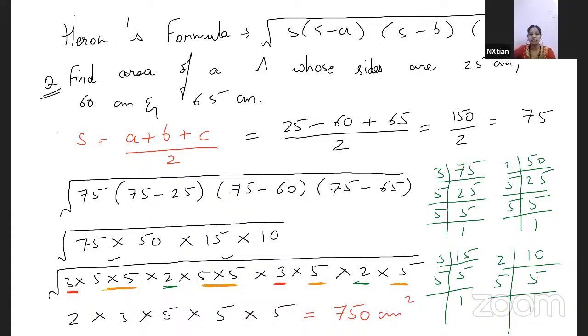All right. So once again, firstly, we will check the measure of the sides. We take those sides, add them, divide by 2, because we are finding S, that is the semi-perimeter. How do we find the perimeter? We add all the sides. Semi-perimeter, add the sides, divide by 2. We get the S. Now we have the S and the measure of all the sides, so we put them in the formula.